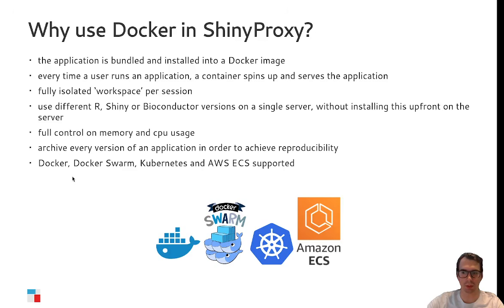So you only install it in a Docker image. You don't have to manage this on the server itself. Docker also gives full control over memory and CPU usage. You can archive every version of your application, for example, to achieve reproducibility, but also just to simply refer to an older version in case you introduced a bug.